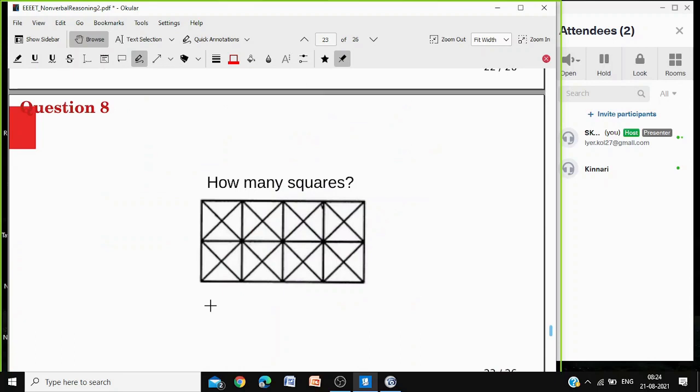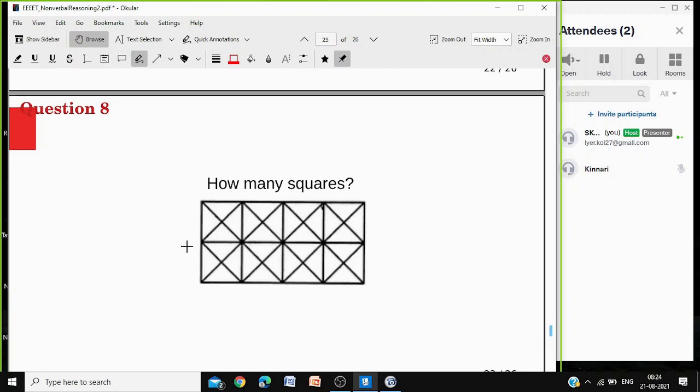Now how many squares are here? Here we are having a bit more complicated figure. How many squares? Again, the fundamental rule will remain the same. We will not change the rule. We will take the small squares and the diagonal squares. First of all, you take the small squares, 1, 2, 3, 4, and then we take this square.